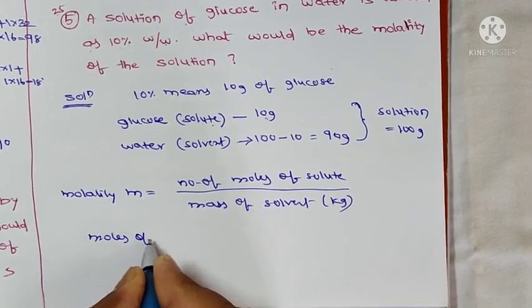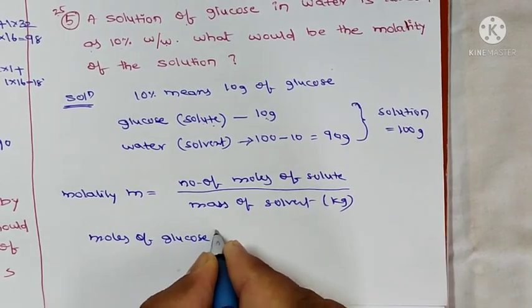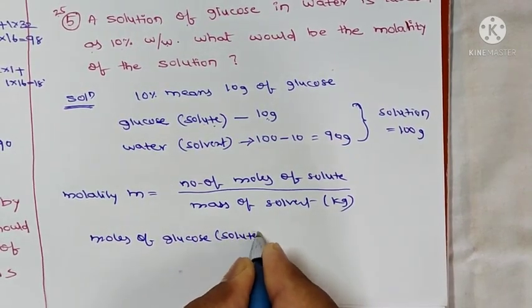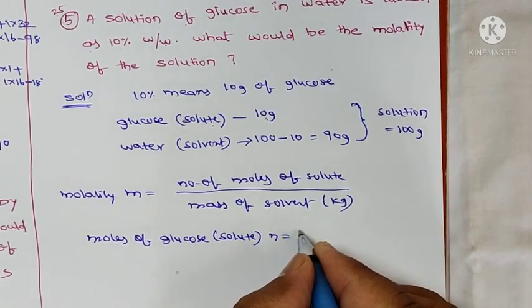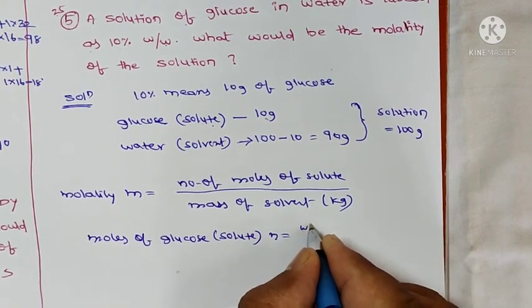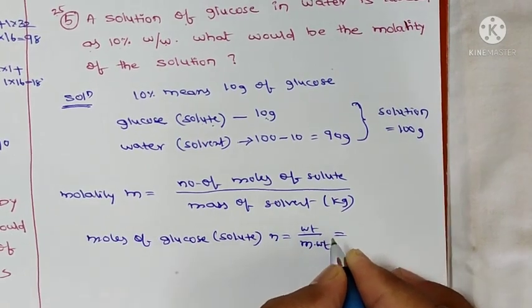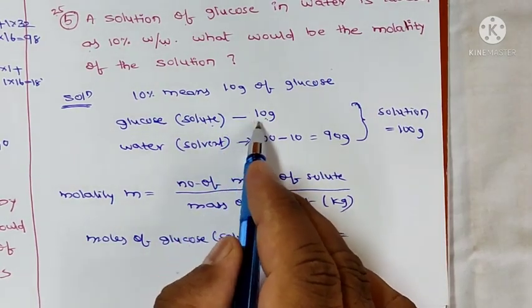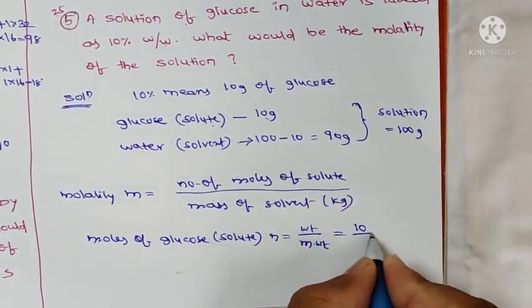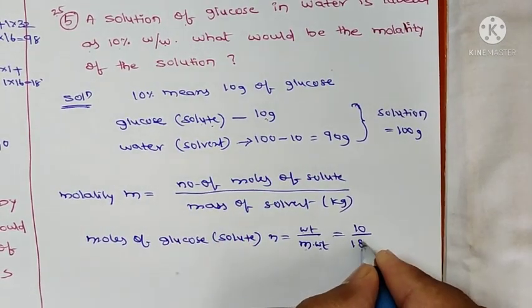Moles of glucose, n, is equal to mass by molar mass, which is the mass of glucose, 10 grams, divided by the molar mass of glucose, 180.